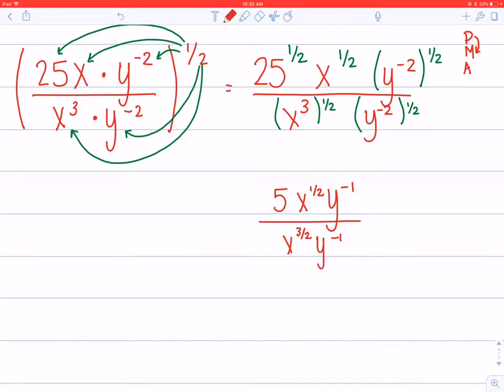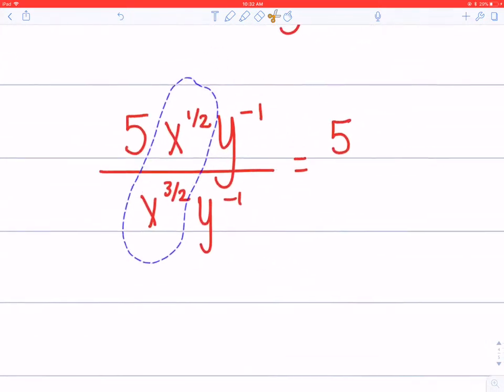Okay, so now I'm working on simplifying like bases. So 5, there's no other number, so that 5 is just going to stay along. The x's, though, those x's are now being divided.